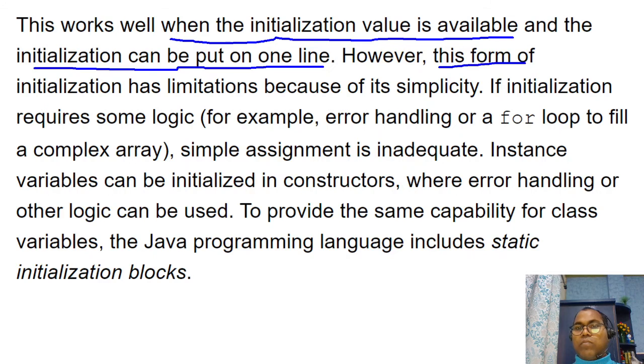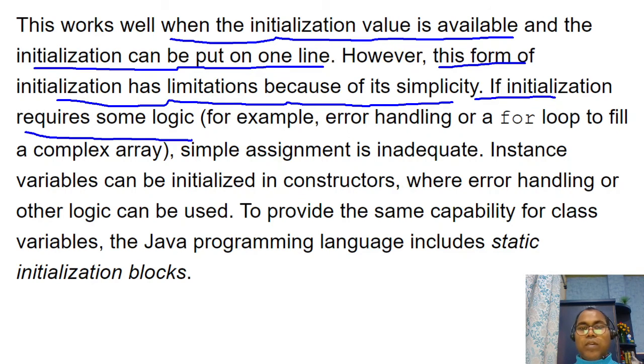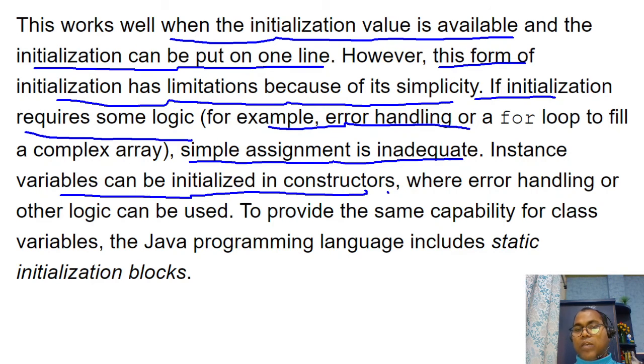However, this form of initialization has a limitation because of its simplicity. If the initialization requires some logic, like error handling, a condition check, or looping, a simple assignment is inadequate. An instance variable can be initialized in the constructor, where you can put some other logic.